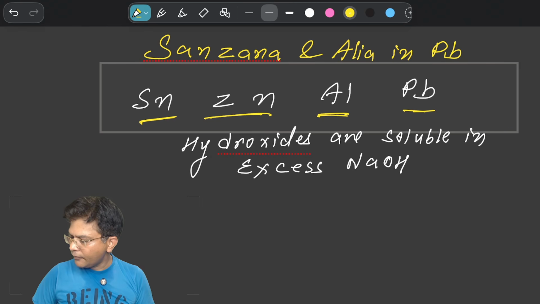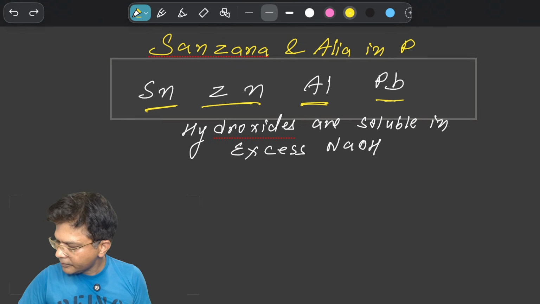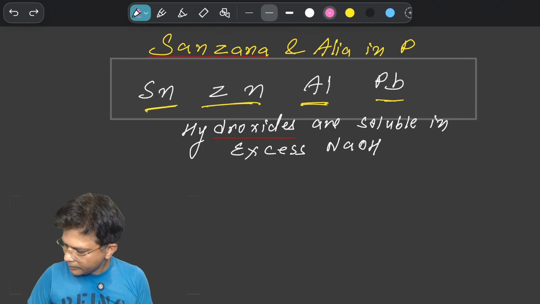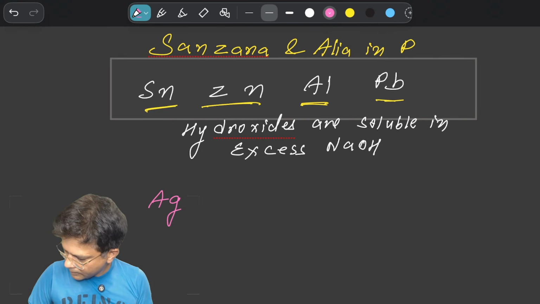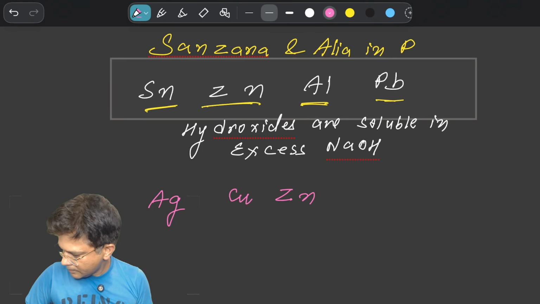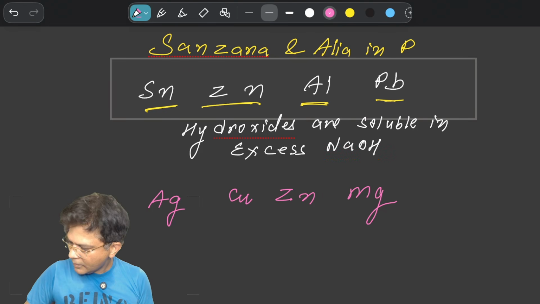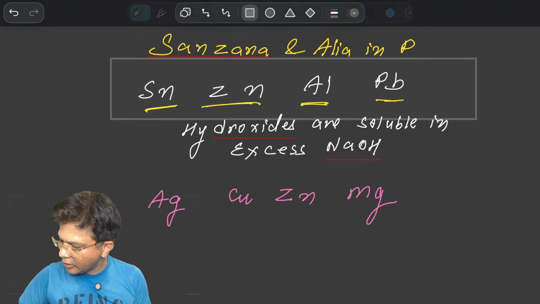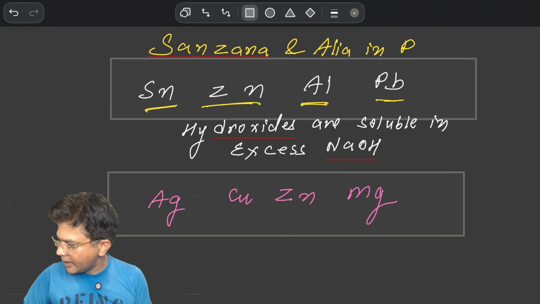Right? Now, four metal hydroxides whose hydroxides are soluble in excess of ammonium hydroxide.